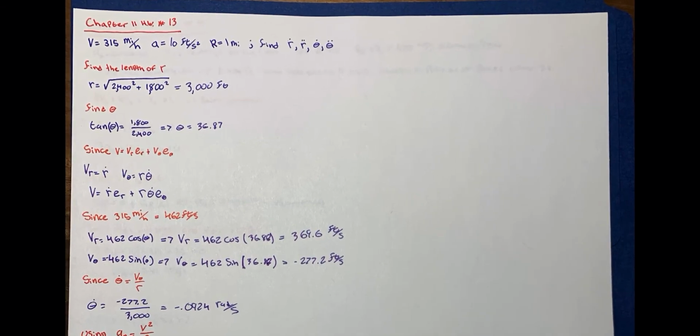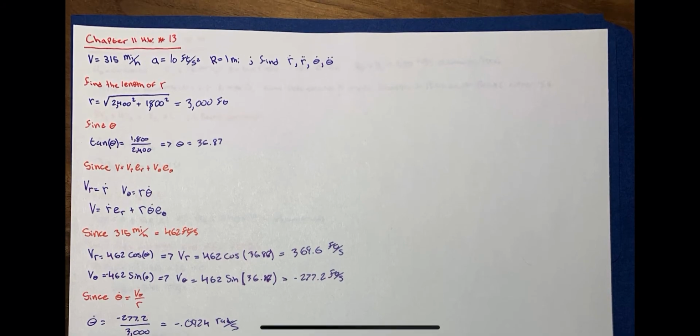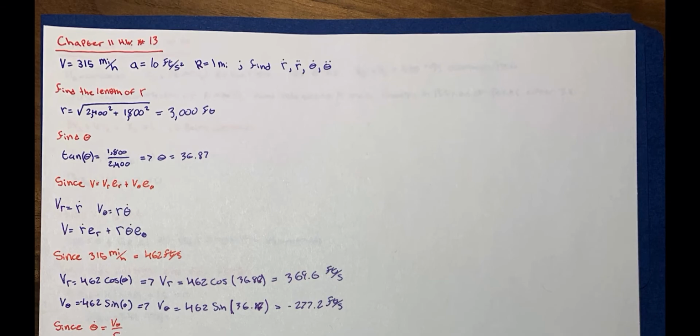All right. 13. We are given a plane a certain distance away from a radio tower. We're supposed to find r dot, r double dot, theta dot, and theta double dot.